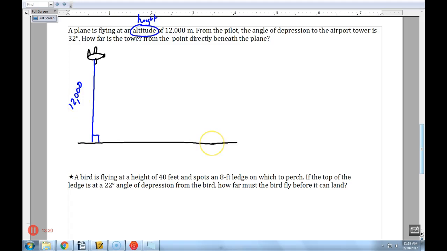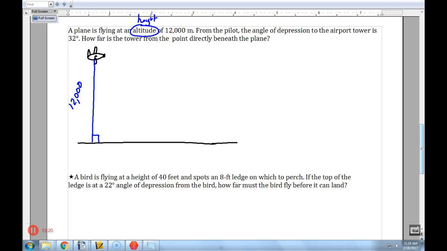So here's one I have to be really careful on. The pilot's eyesight up here, we're just going to pretend he's right at the height of the plane. His eyesight, coming down, he's looking at an angle of depression of 32 degrees.